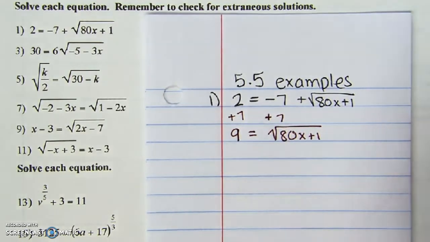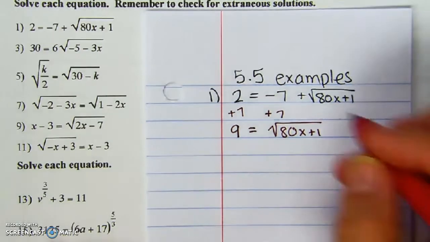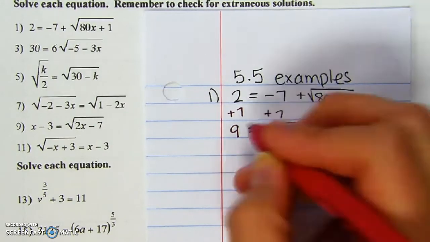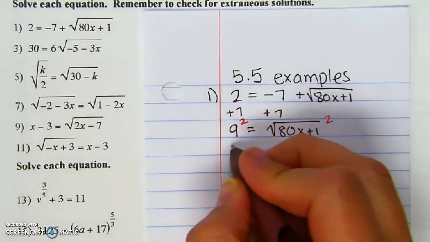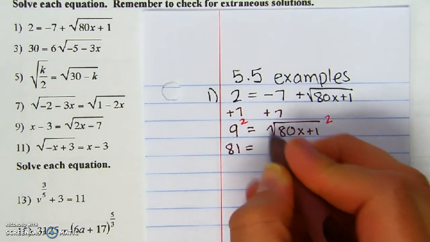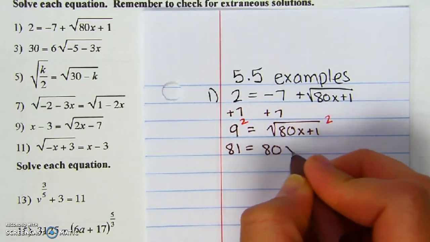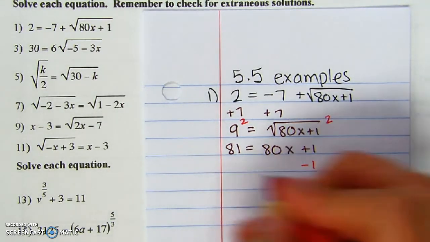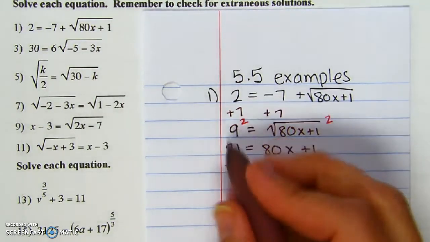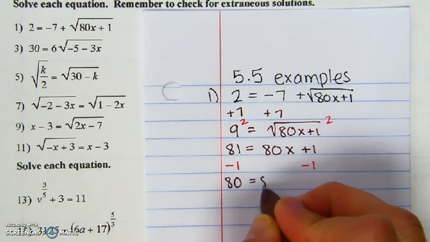Now that the radical is by itself, we can get rid of it by squaring both sides. 9 squared we know is 81. And then it gets rid of the square root, so we're just left with what's inside. And then we're going to find x. That's our goal. Remember solving for x? Here we are, back again.